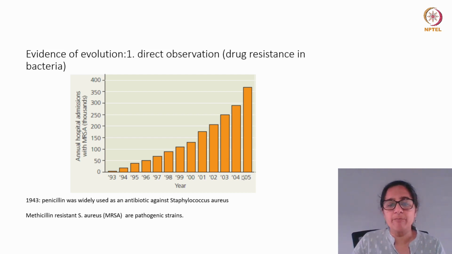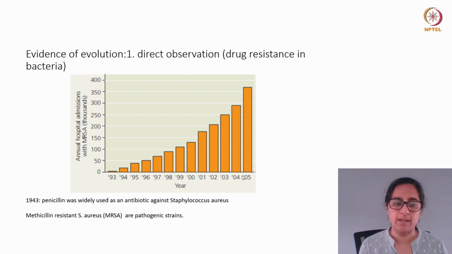This was effective because Staph aureus was not exposed to penicillin, and this antibiotic worked fairly well. It killed the bacteria. But then within 2 years, this bacteria developed resistance towards this antibiotic, because it was so popular that everybody was using it in hospitals, and the bacteria developed resistance.